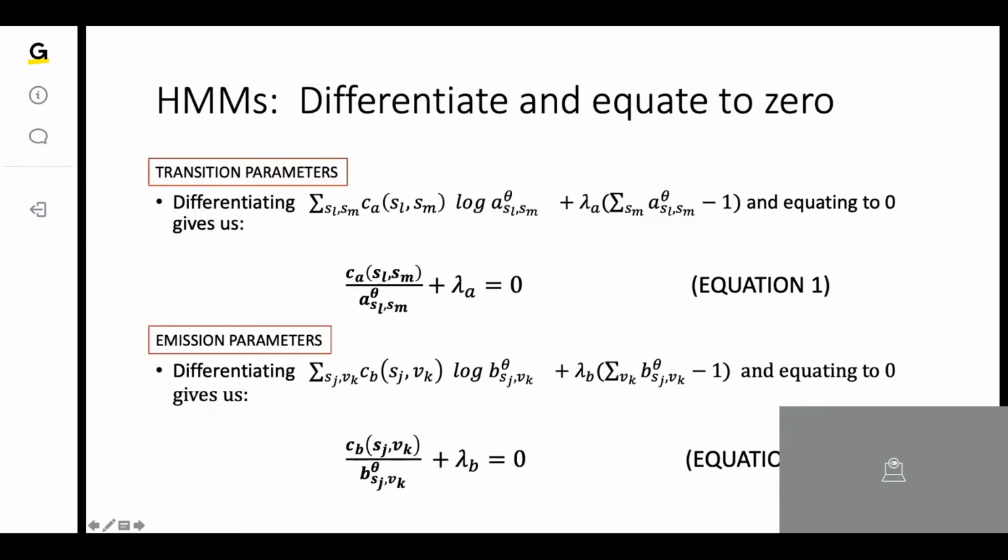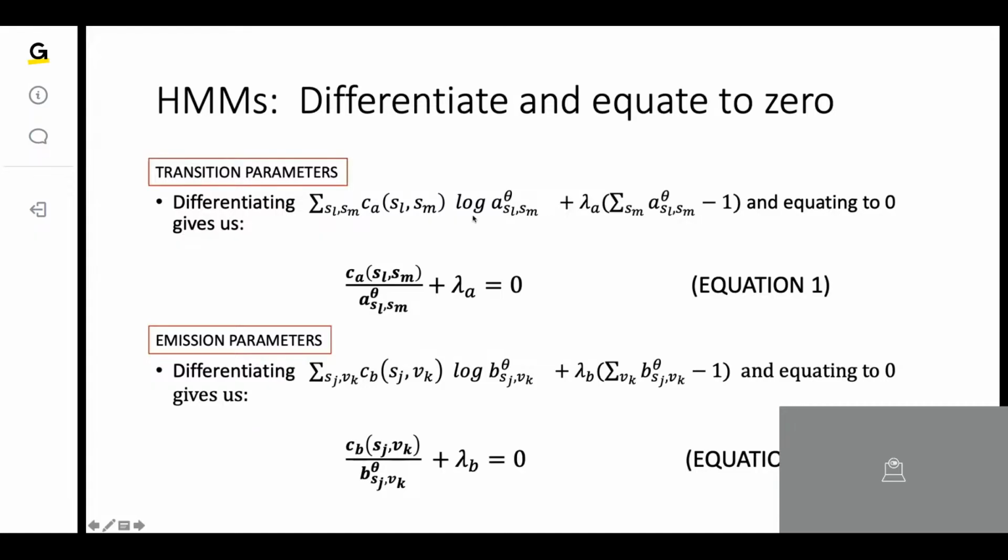Differentiating the terms and equating to 0 will give us this. In this objective function, we have to differentiate with respect to a_{sl,sm}, the transition parameters which we are interested in estimating. In this particular summation, there is only one term which depends on a_{sl,sm}.